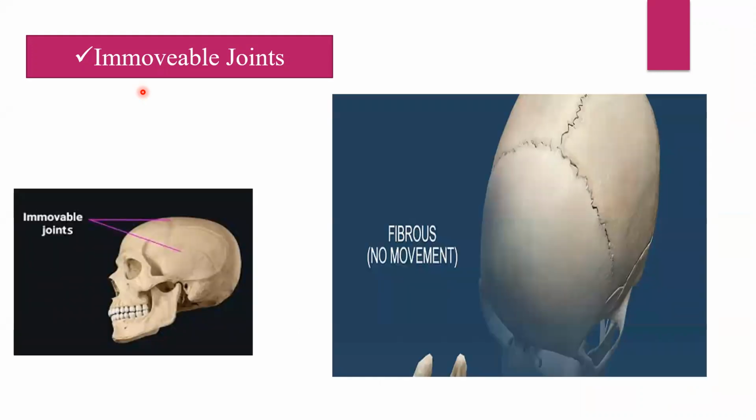Immovable joints allow no movement. The joints between the skull bones show no movement. These are immovable joints.